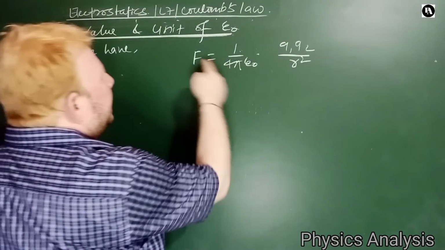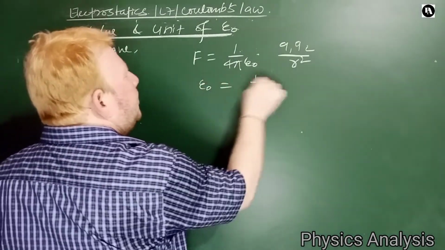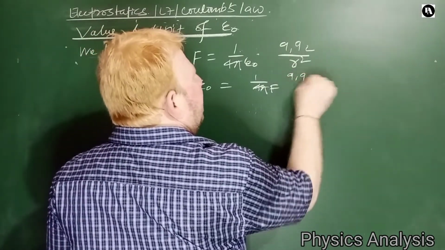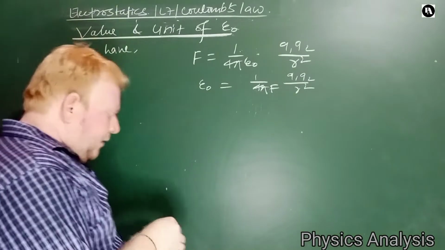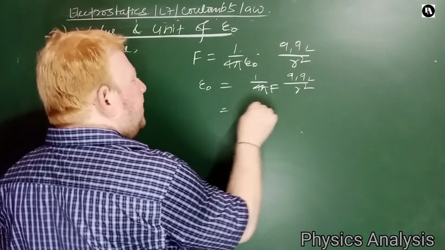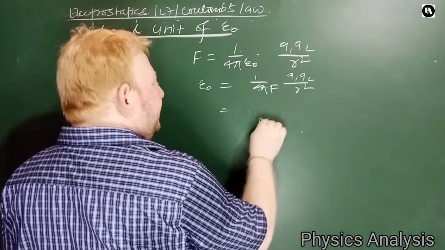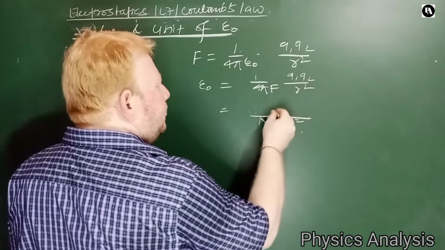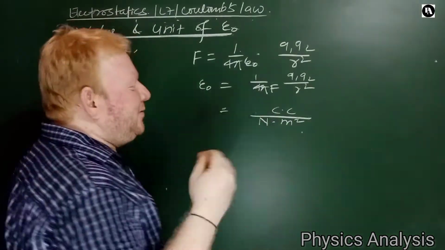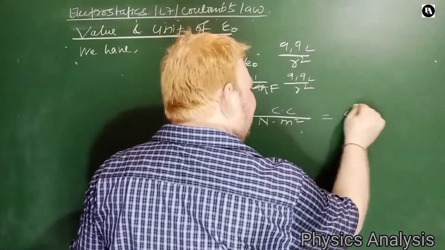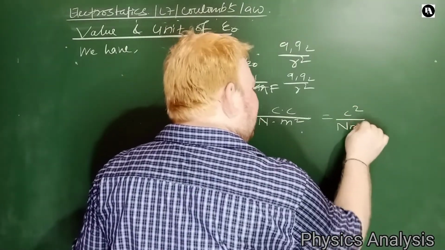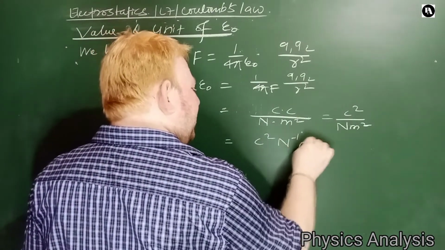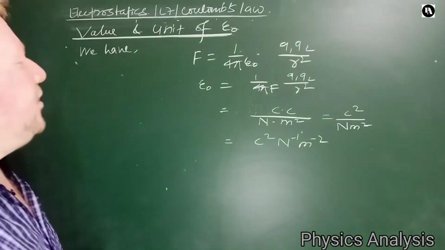So from here you can take epsilon naught is equal to Q1 into Q2 by 4 pi F R square. So here what you can write, for F Newton, R square meter square, Q1 into Q2, so coulomb into coulomb. So what we are having, coulomb square per Newton meter square. So I can write coulomb square per Newton per meter square. So this is the unit of epsilon naught.